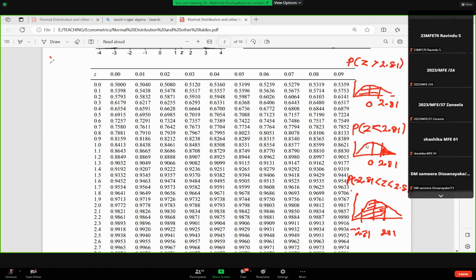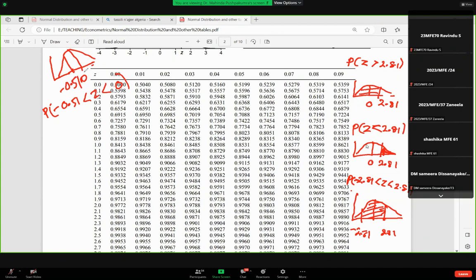Then another one. P(minus 0.51 less than Z less than 0).